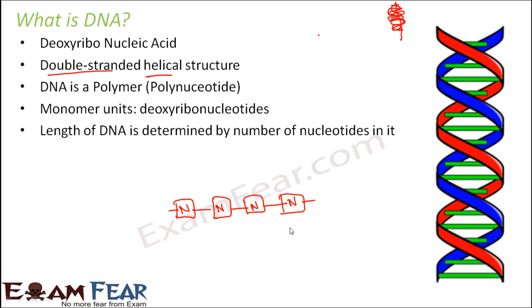You get a polymer. Now the more monomers or nucleotides you join, what happens? The length of this polymer keeps on increasing. So similarly here in this case, the length of DNA is determined by the number of nucleotides which are bound to each other. As the number of nucleotides increases, the length of the DNA also increases.